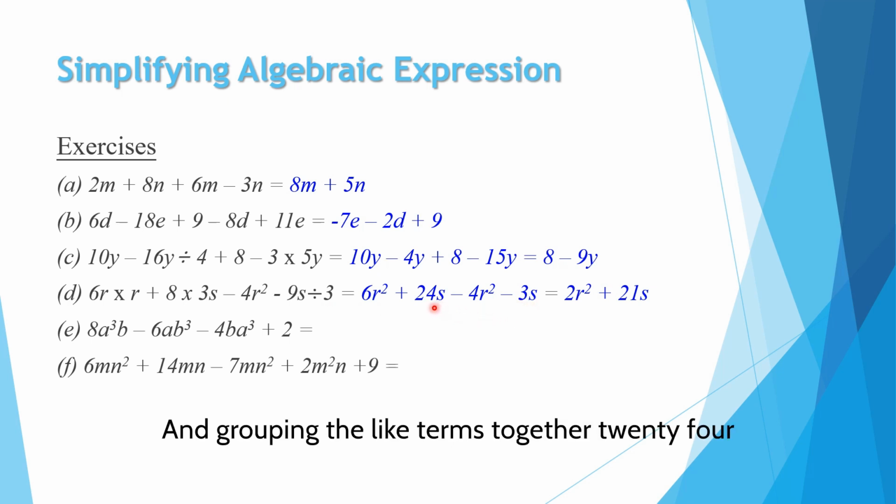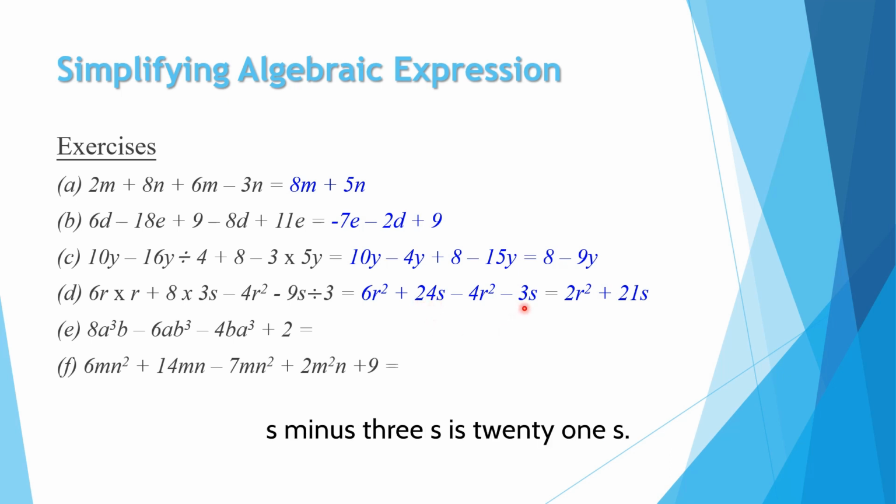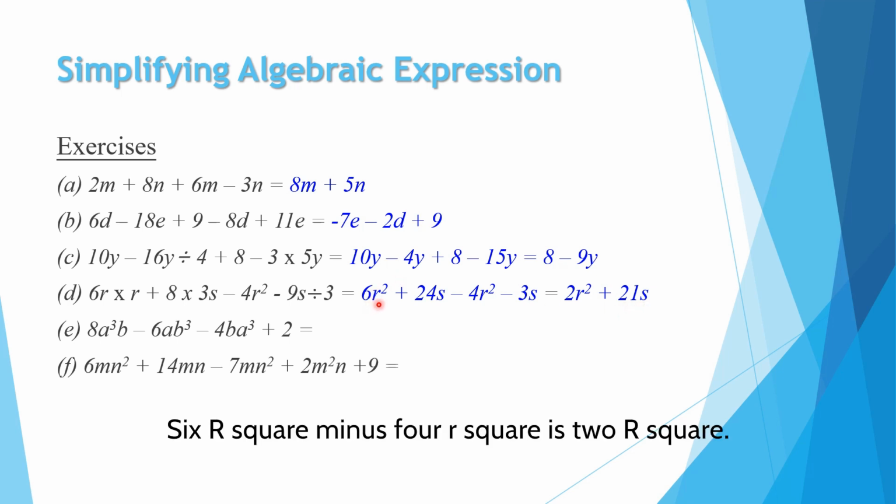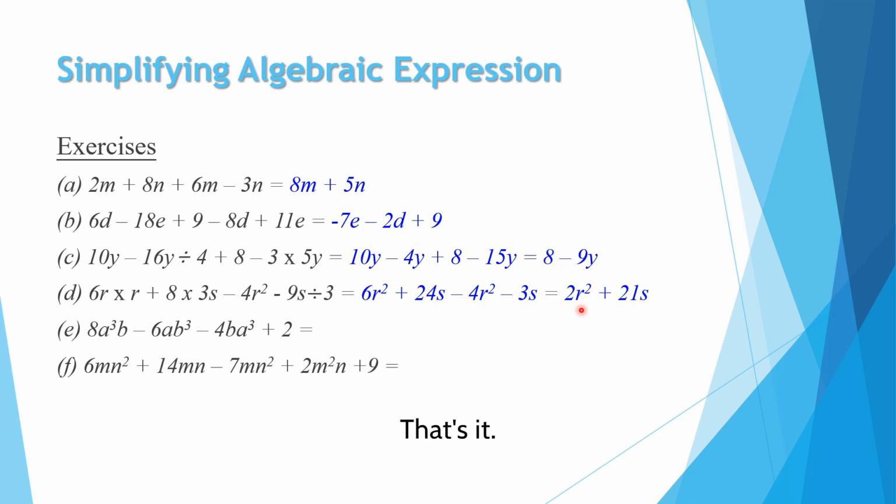And grouping the like terms together, 24s minus 3s is 21s. 6r squared minus 4r squared is 2r squared. That's it.